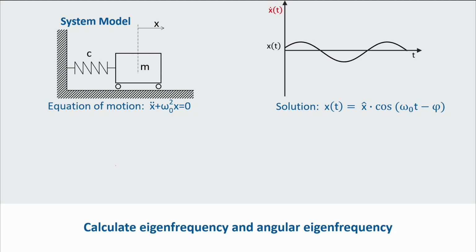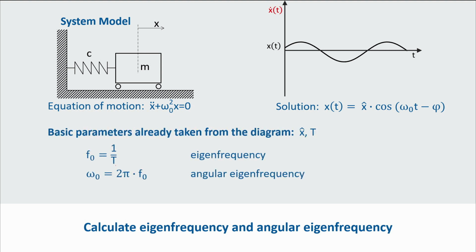The next step is to calculate the eigenfrequency and the angular eigenfrequency. As you already know from the lecture, the eigenfrequency f0 and the angular eigenfrequency omega 0 are dependent on the time period. And since we already calculated the time period, we also have these 2 values.